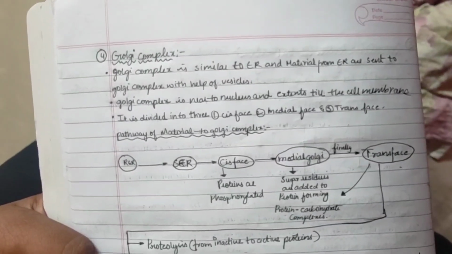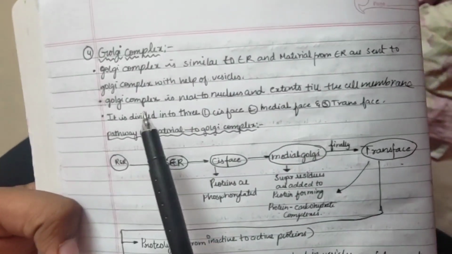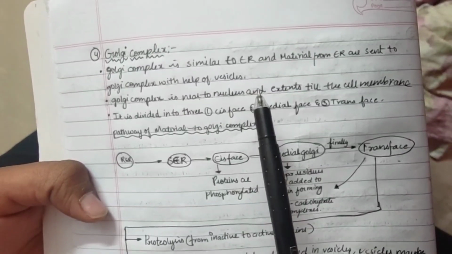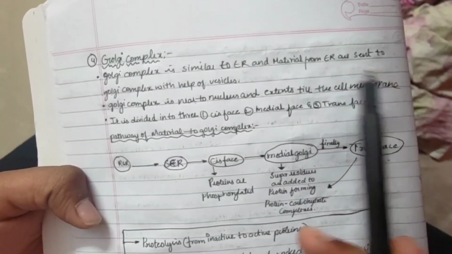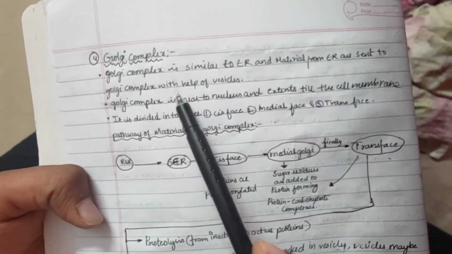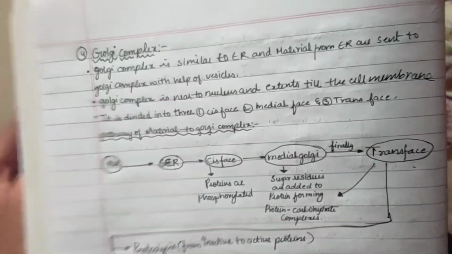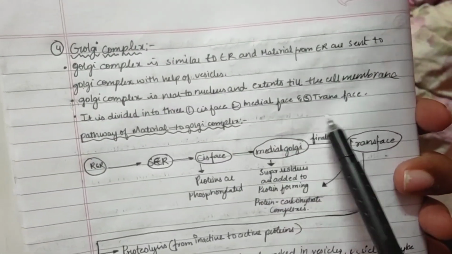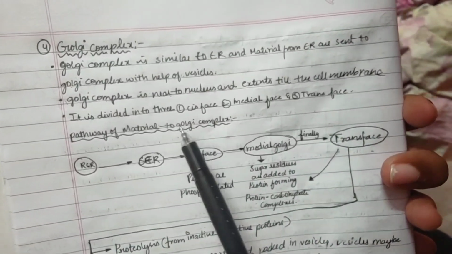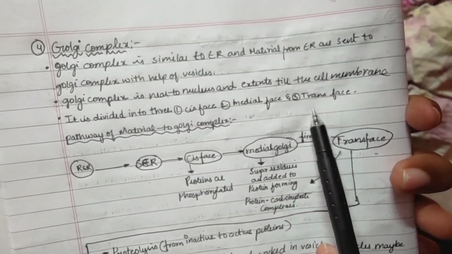Now let us move to the fourth organelle, the Golgi complex. The Golgi complex is similar to endoplasmic reticulum, and the material from the endoplasmic reticulum is sent to the Golgi complex with the help of vesicles. The Golgi complex is near the nucleus and extends till the cell membrane or plasma membrane, and it is divided into three phases: cis phase, medial phase, and trans phase.